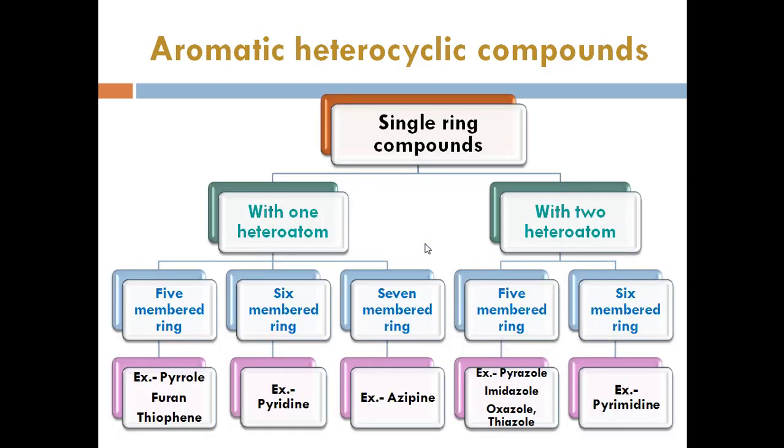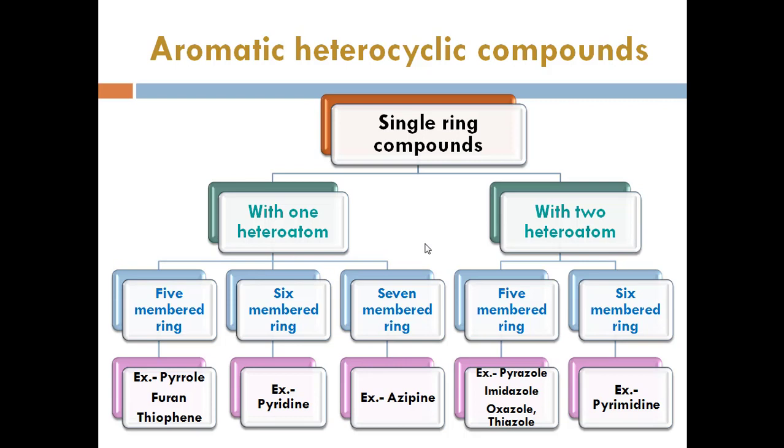See, first, single ring compounds, that means heterocyclic compounds containing only one cyclic structure or one ring, right? They are also classified as with one heteroatom and with two heteroatoms.